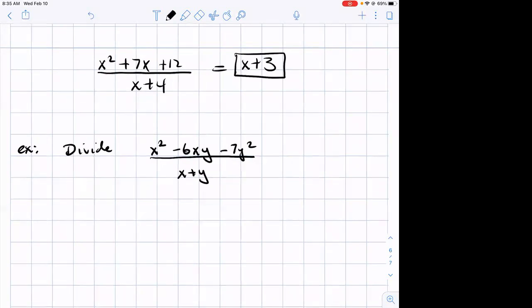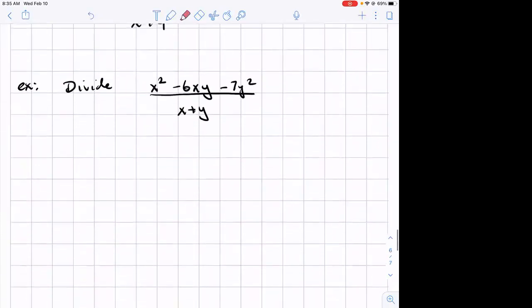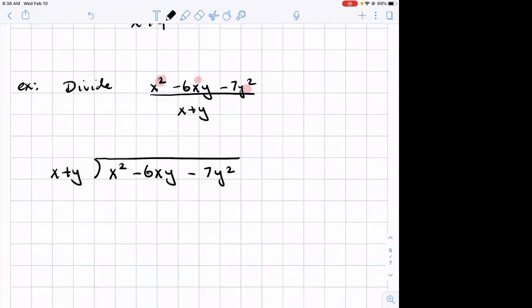So let's focus on the x term here. So we have an x squared, okay? Then we have an x to the 1, and notice there's no x term over here, x to the 0. So it seems like there's no missing term here. So I'll go straight and set up my division.